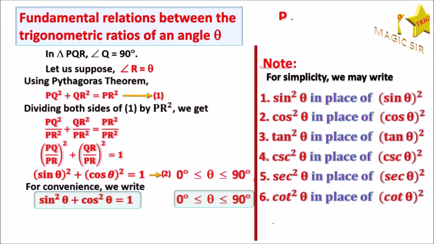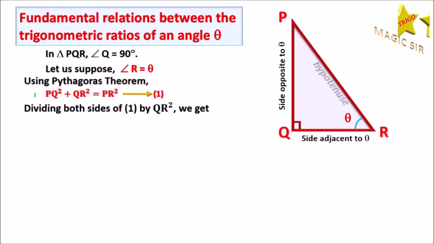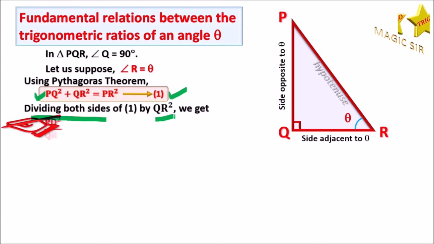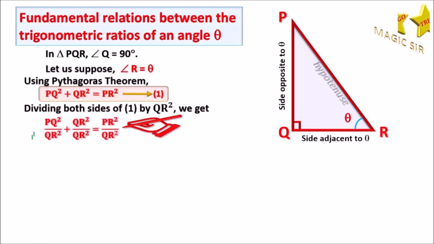Now we are going to obtain the next trigonometric identity. Again, look at equation 1. PQ square plus QR square is equal to PR square. Dividing both sides of this equation by QR square, we get PQ square upon QR square plus QR square upon QR square is equal to PR square upon QR square.